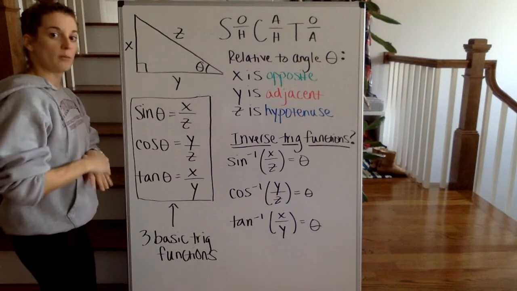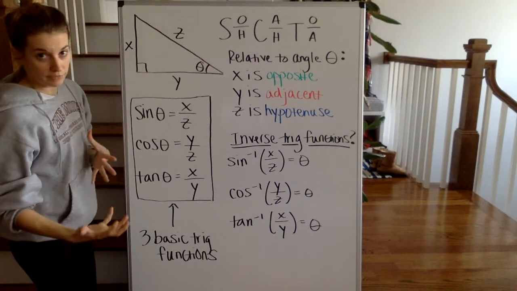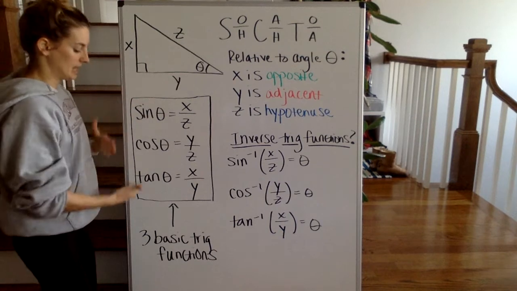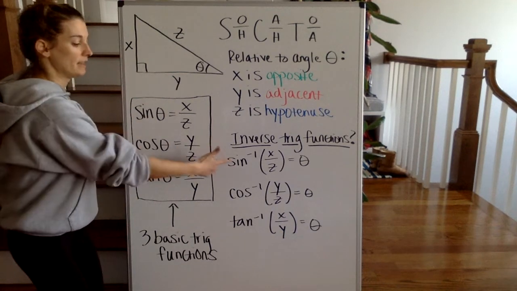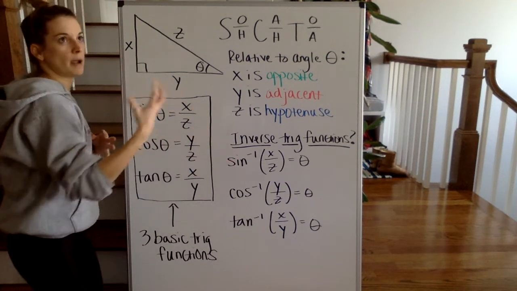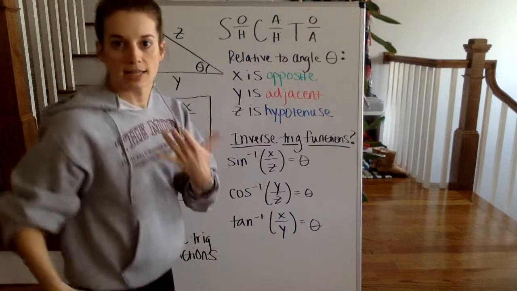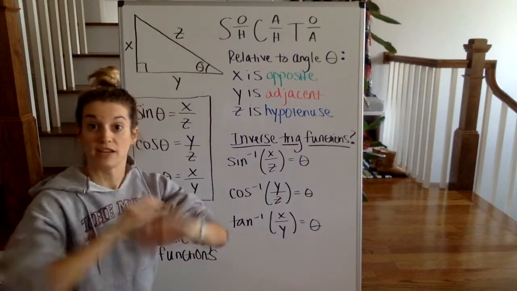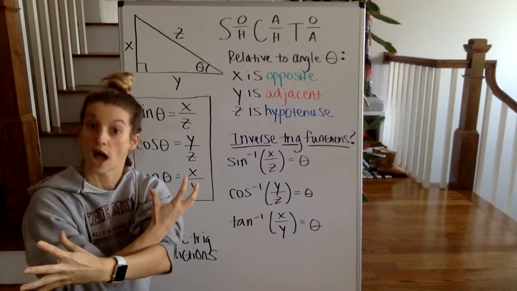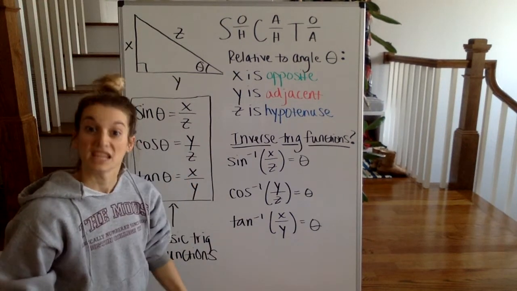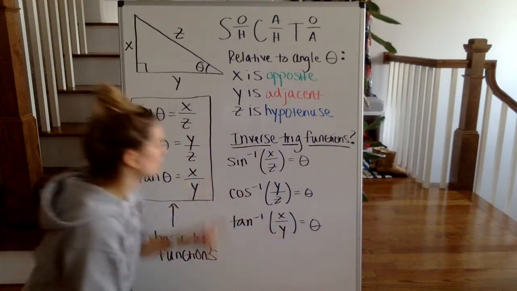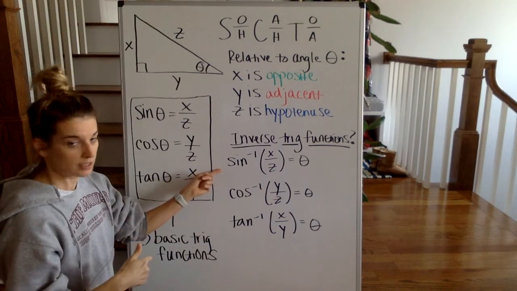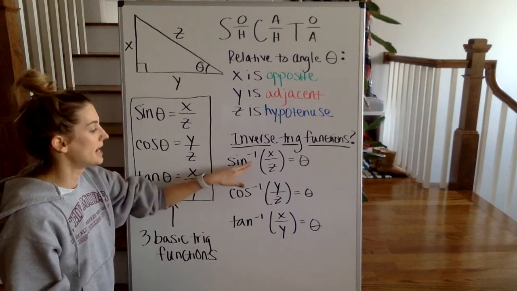Now when we covered that, we also talked about inverse trig functions, and they relate to sine, cosine, and tangent in the following way. So what you might recall from inverse functions is that when we're trying to find the equation of an inverse function, we switch the x's and the y's, and it's basically the same thing with inverse trig. So your inverse trig functions, sine inverse, this is not sine to the negative 1, that's not an exponent.